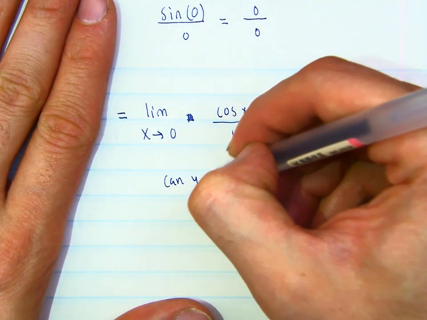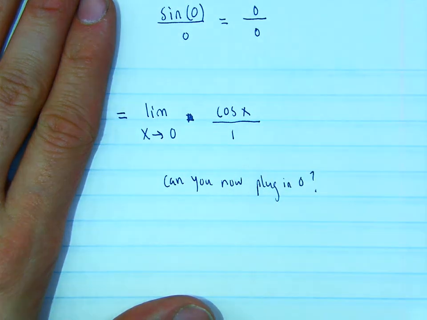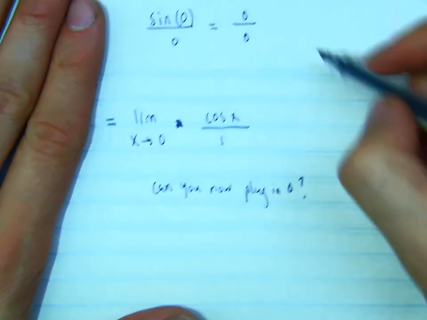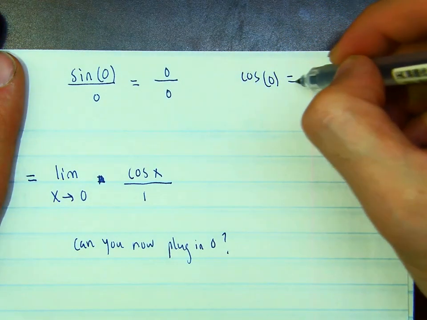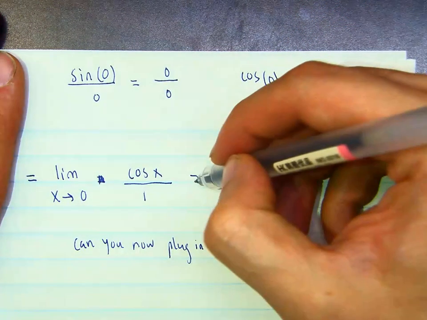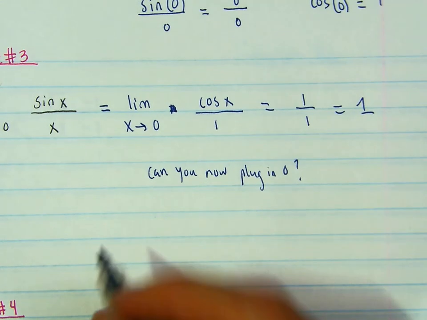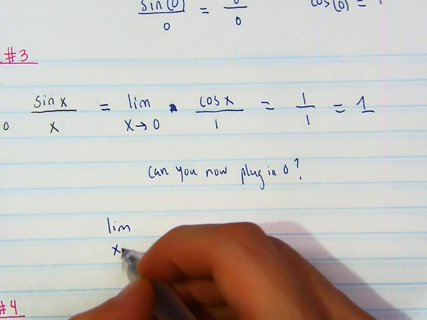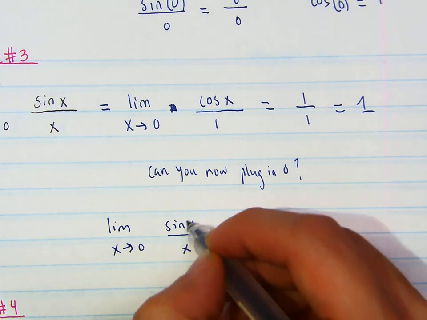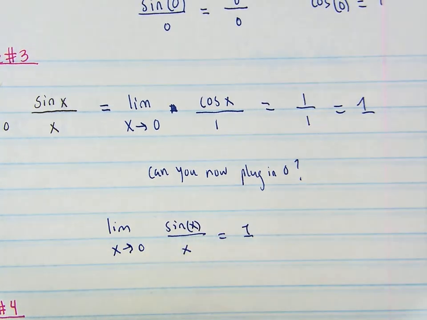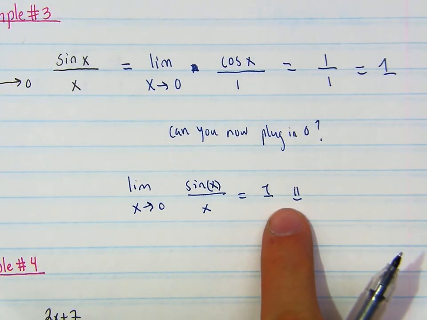Can you now plug in 0? Cosine of 0 is 1. So now you just have 1 over 1, which is equal to 1. So the limit as x approaches 0 of sine of x over x is equal to 1. L'Hopital's rule is very, very nice.